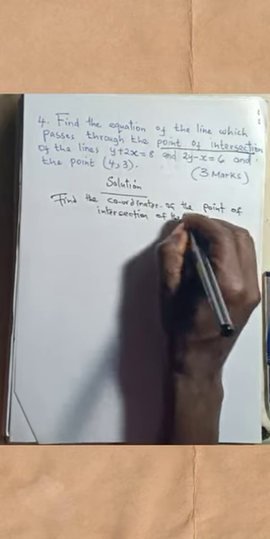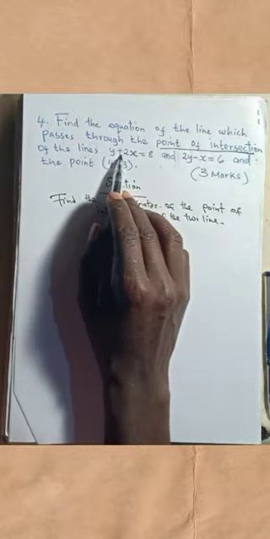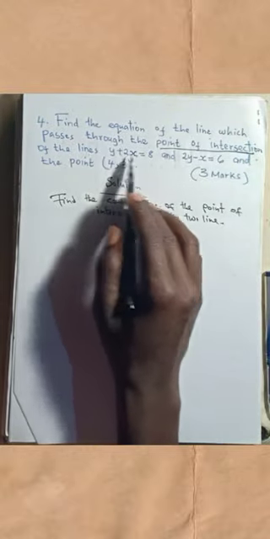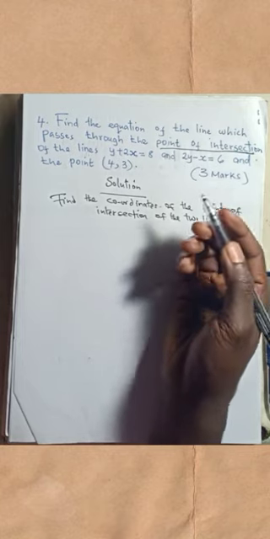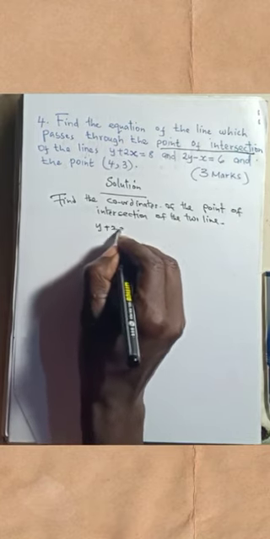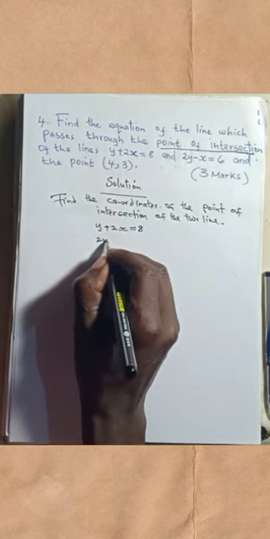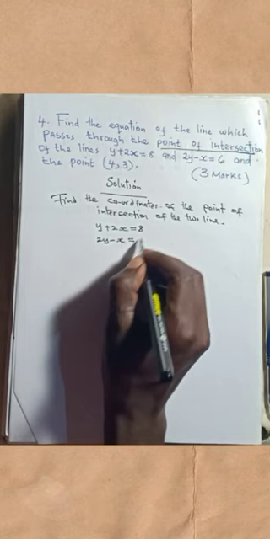How do we find the point of intersection of two lines given the two equations? We simply find the values of y and x, the values of the unknowns, given the two equations. So we write y plus 2x is equal to 8, and 2y minus x is equal to 6.